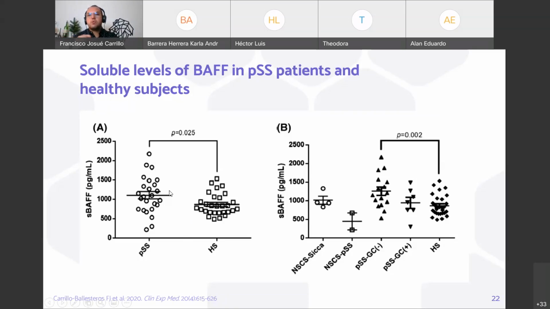So the next question was whether these levels of soluble BAFF would be the same in all the patients.